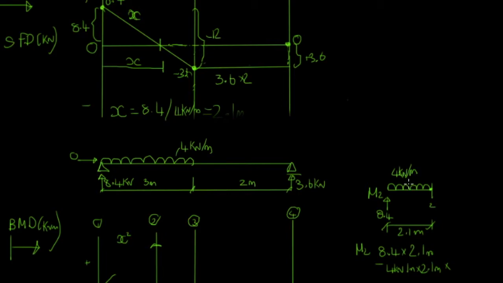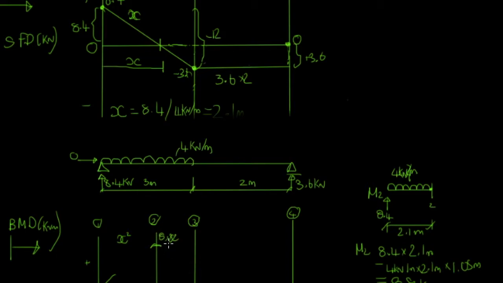We know line loads act halfway along, so 2.1 divided by 2, which is 1.05 meters. Putting that in a calculator, 8.4 times 2.1, take away 4 times 2.1 times 1.05, that gives 8.82 kilonewton meters. So up here is going to be 8.82.